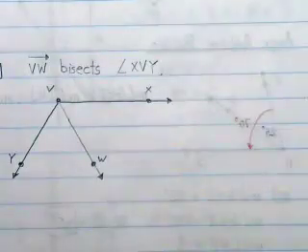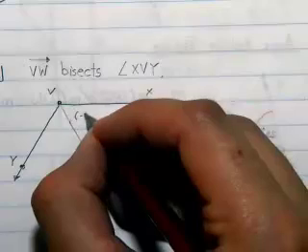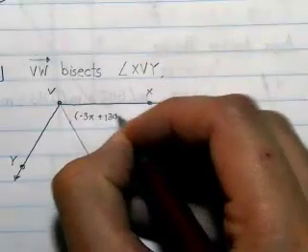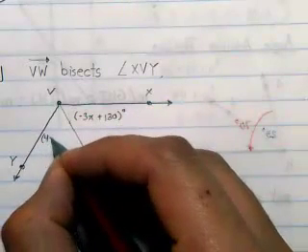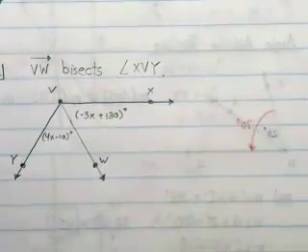Okay, and let's say this angle is negative 3x plus 130 degrees, and this angle over here is 4x minus 10 degrees. So we're going to do a little algebra again. Okay.